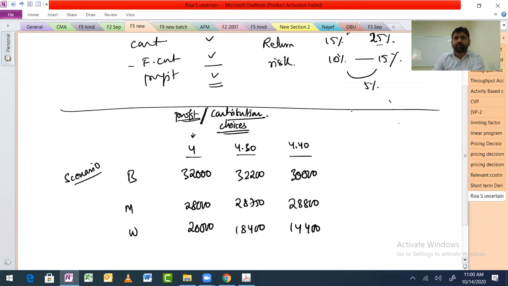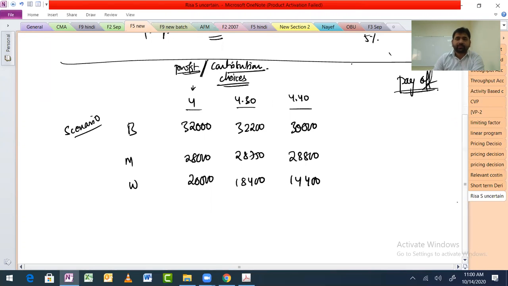First of all, just the word payoff table is okay. Now, looking at this, you have to choose which option you want. Which option do you want? 4, 4.3 or 4.4?